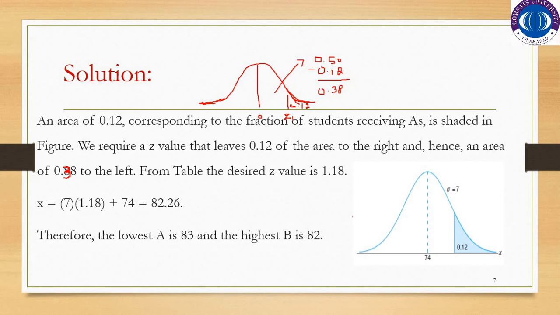So what we will do, we will go to the area table and see which value of the random variable Z corresponds to the area 0.38. As you know, now this area is 0.38.